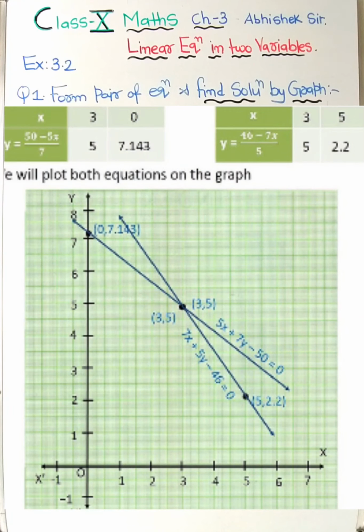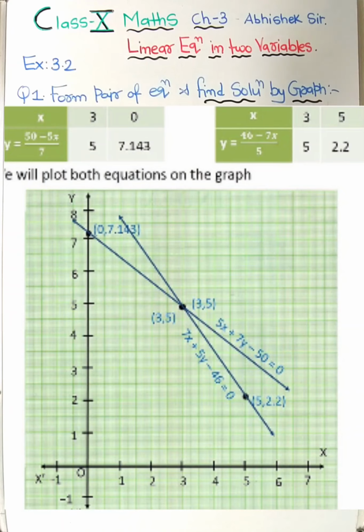You can see we have drawn the graph of both, X minus Y equals minus 4 and X plus Y equals 10, and they are both intersecting at a specific point. That point has x coordinate 3, y coordinate 7. So we can say that (3, 7) is the solution of this pair of equations.